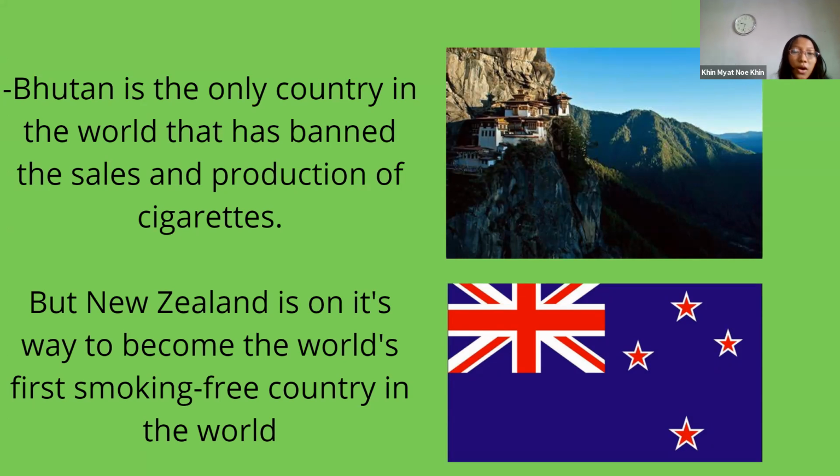And New Zealand is also on its way to becoming the world's first smoke-free country. So we need to try like those countries. Why? Because cigarettes are a harmful weapon not only for humans but also for our environment. So we should prevent this problem immediately and effectively for all living existence.